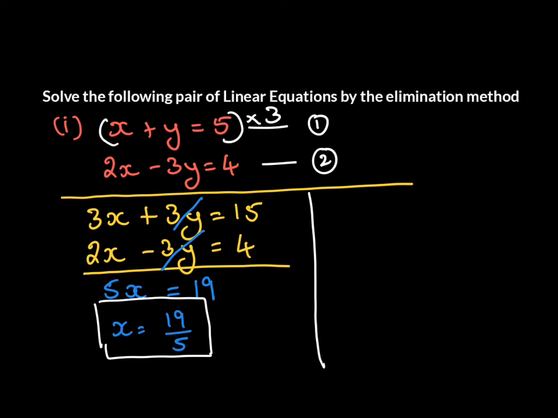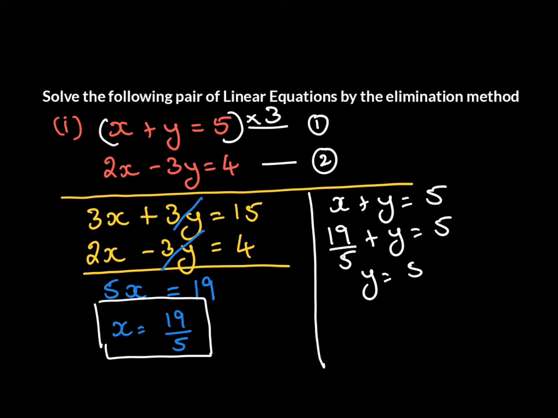Once we know the value of x, we will plug it into any one of the equations, either 1 or 2, whichever is easy for us to solve. So let us pick equation 1: x plus y is equal to 5. We already know x is 19 over 5, so we substitute: 19 over 5 plus y equal to 5. y is equal to 5 minus 19 over 5.